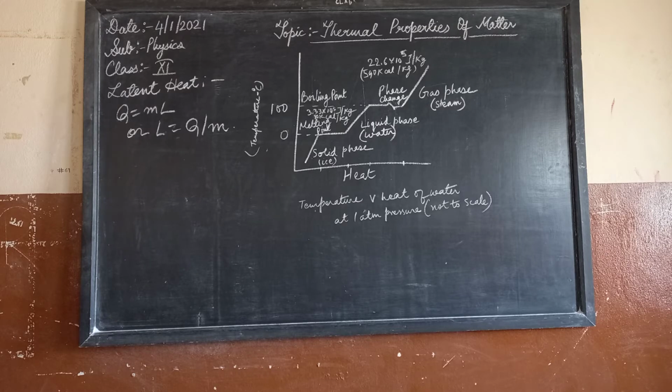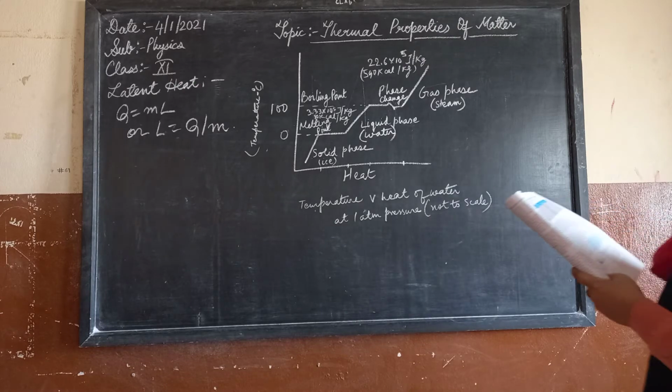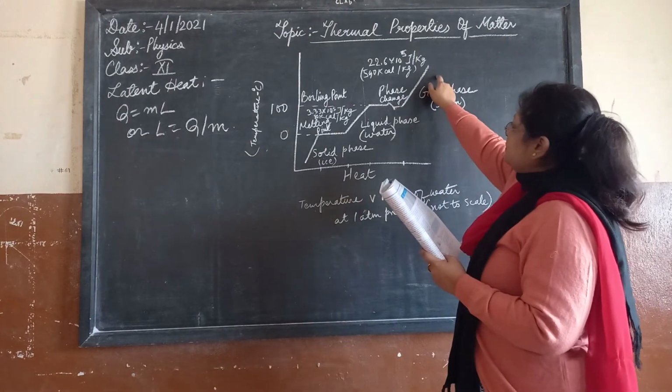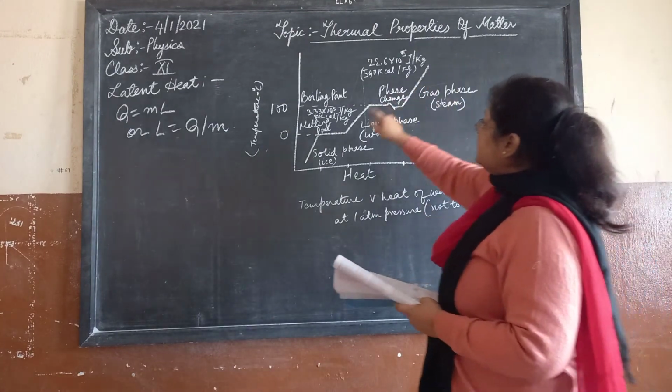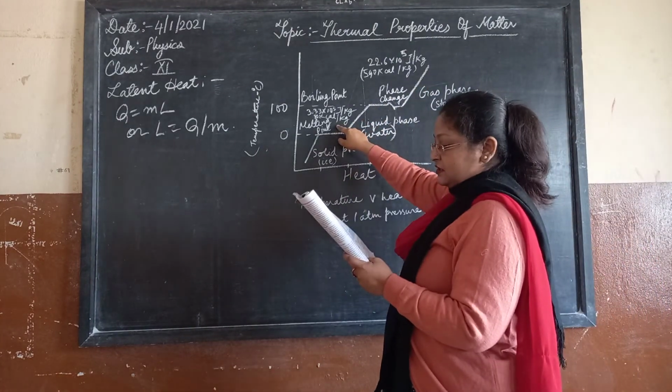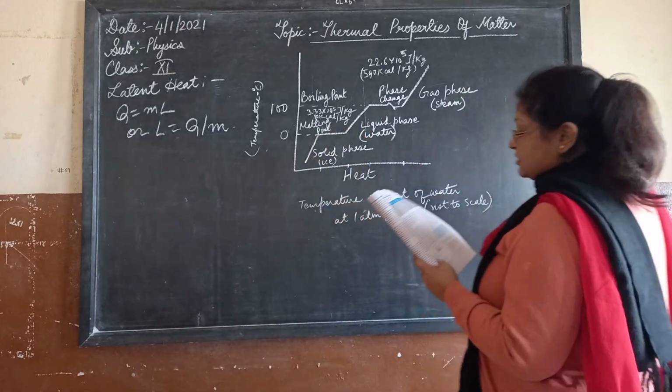The latent heat of the solid-liquid change of state is called the latent heat of fusion, LF, and the liquid-gas change of state is called the latent heat of vaporization, LV. So LV is for the change to vaporization, and LF is for melting of the substance itself.